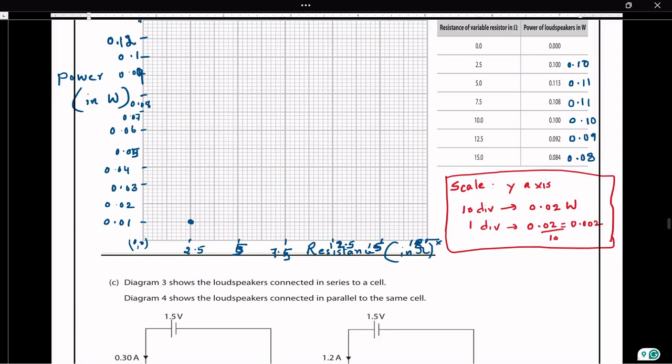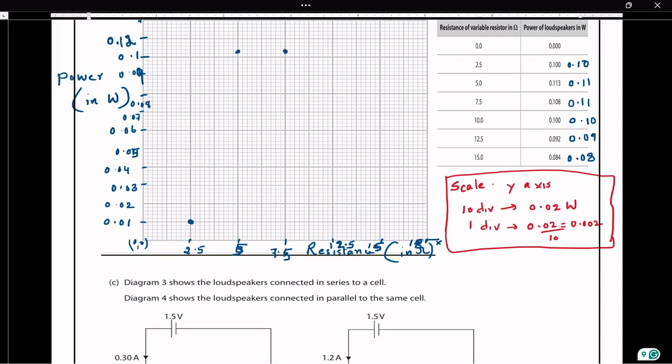Okay. So let us mark it. 5 and 0.11. Where is 0.1? So 0.1 and it will be 0.11 here. Then 7.5, it is again 0.11.